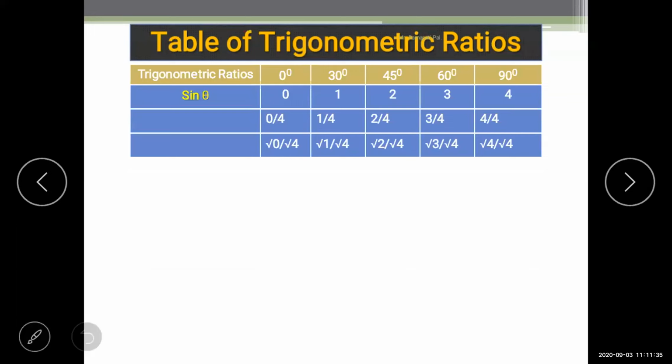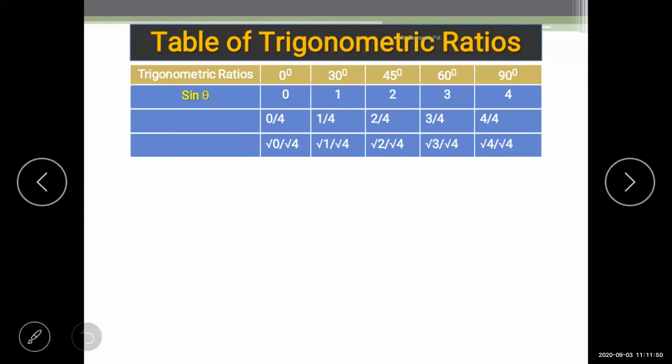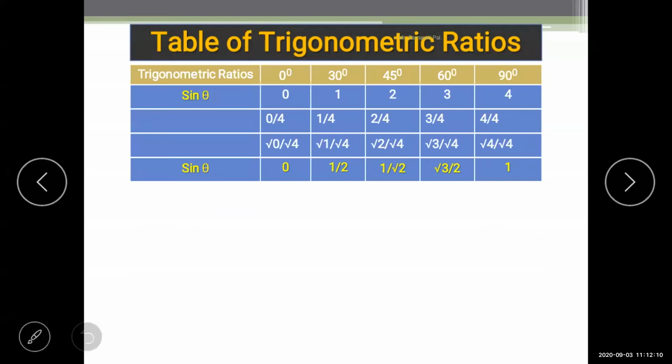So what is root 2 upon 4? Yes, 1 upon root 2. Next, for 60 degree, root 3 upon 4, 4 is a perfect square, so it will be root 3 upon 2, correct? And root 4 upon 4 is what? 1. Is it clear?